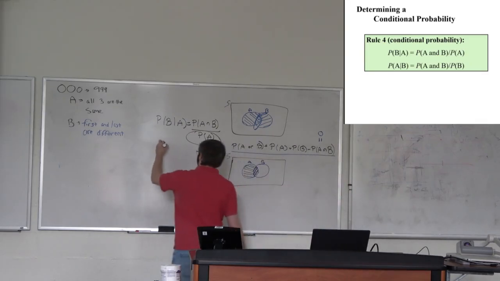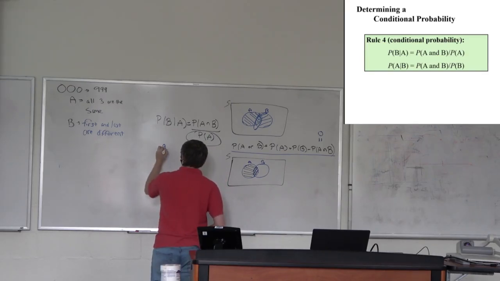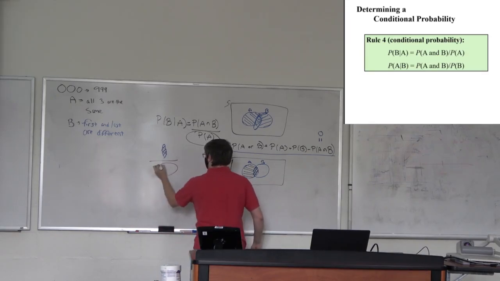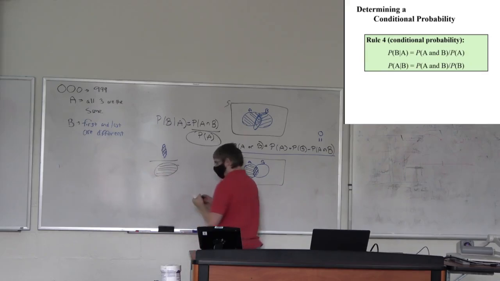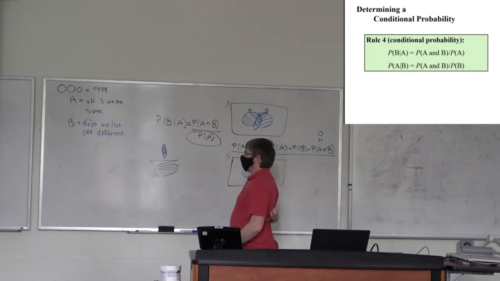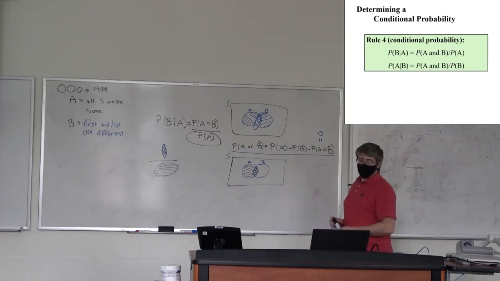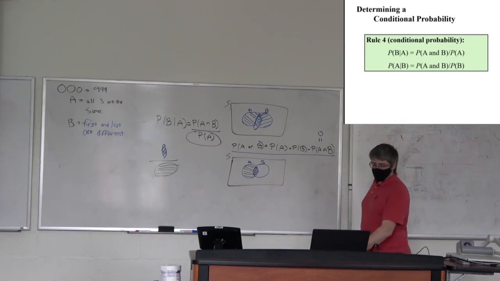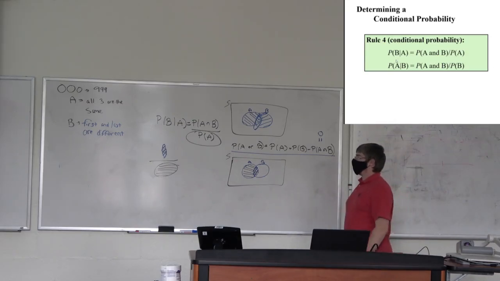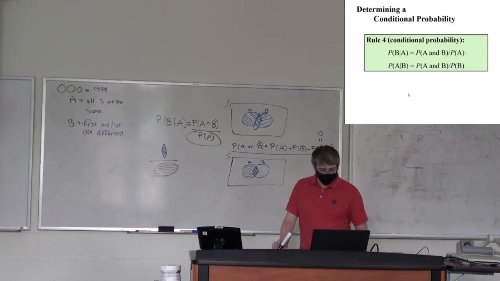So essentially, it's this part over this part. I think pictures help understanding, just to see where we get these equations from. And so you can swap P of A and P of B back and forth. This is generally for any A or B, and so it works in the converse as well. And so we'll be using that on this example here.